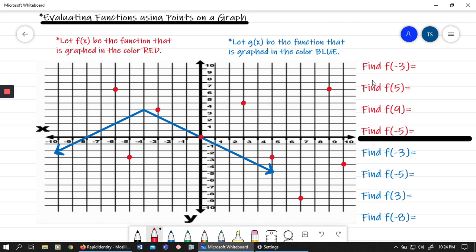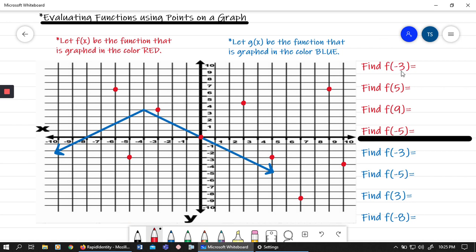All right, and guys, remember that if you are asked to find f of -3, for instance, then you are asked to figure out the function value. And remember, when we say function value, we're asking what is the y value when x equals -3.